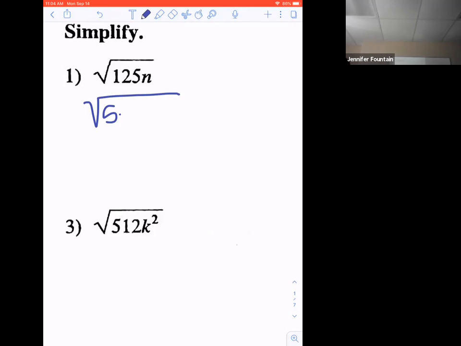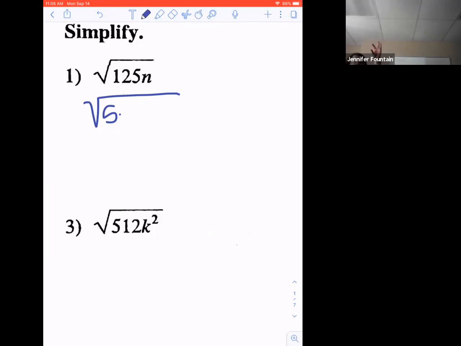If 5 will go into 12 2 times, we know that the number is going to start with a 2. So we know it's 5 times 25.